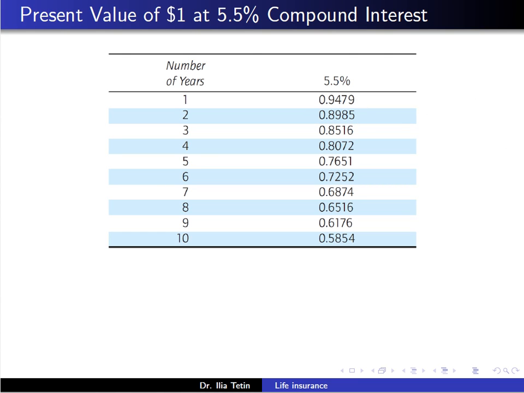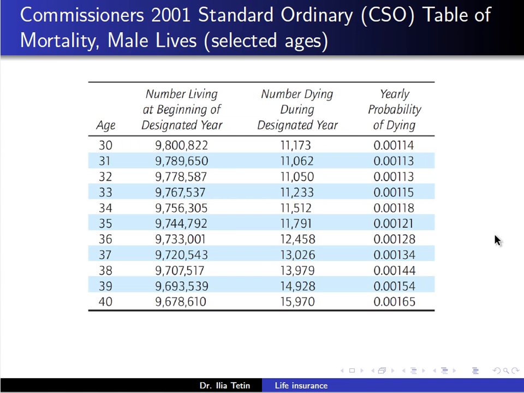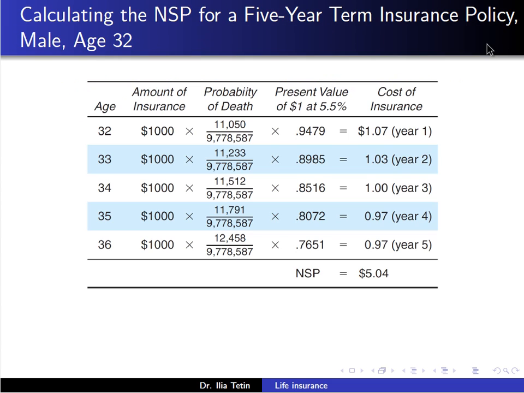So for each of the remaining 3 years, ages 34, 35, 36, we follow the same procedure. And the calculations for the entire 5-year period, we can see them over here.